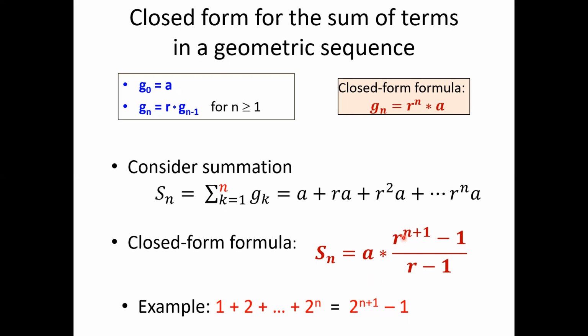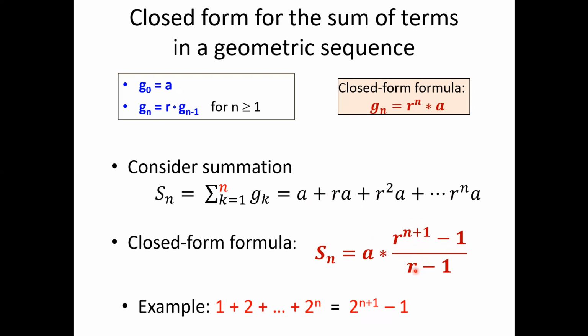For when r is smaller than 1, you can look at the infinite sequence, summation where n is equal to infinity, because the r squared, r to the n terms will decrease, and in going to infinity, this will become 0, and this is minus 1.